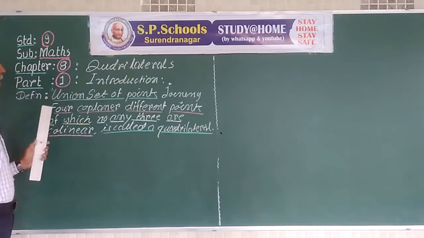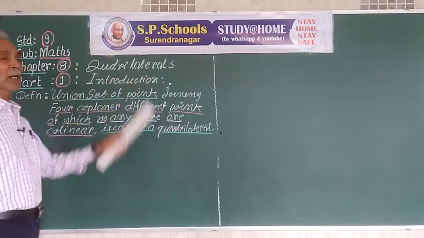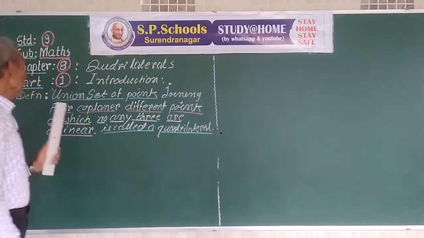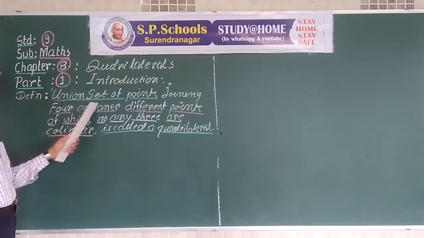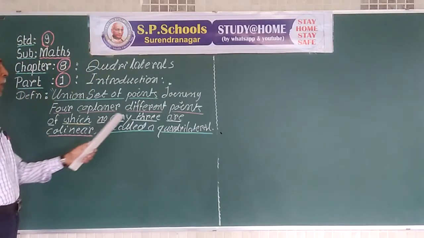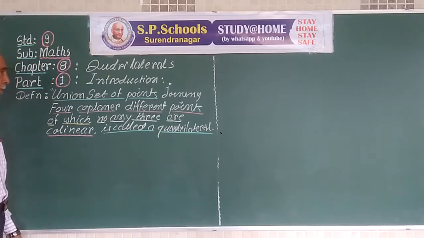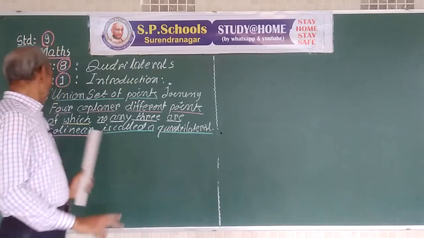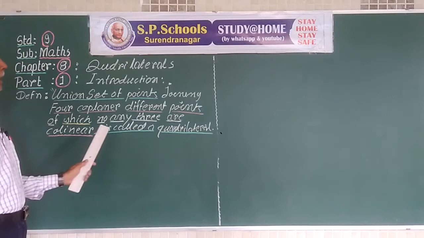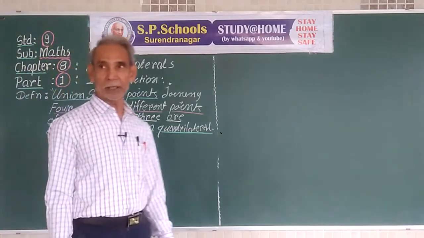So, what is a quadrilateral in geometry? A quadrilateral is the union set of points joining 4 coplanar different points, of which no 3 are collinear.